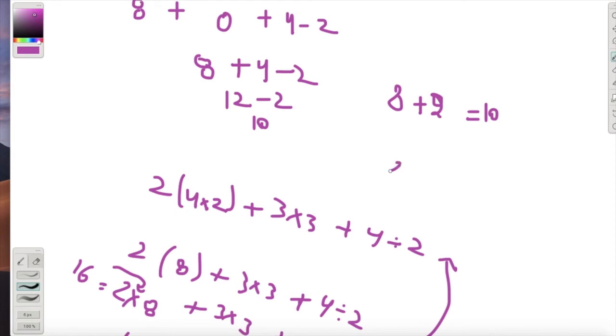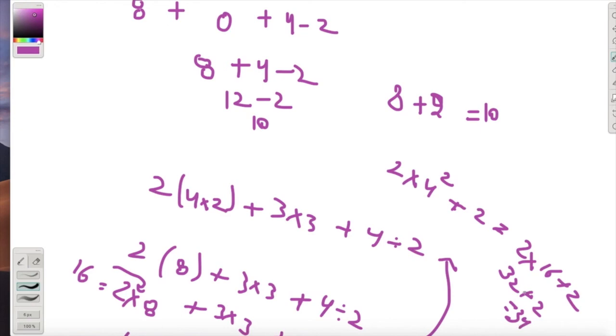So what I mean is, if something is like 2 into 4 squared, then the square goes first, then plus 2. In this kind of example, 2 into 16 is 32, plus 2, which is 34. So we solved the exponent example too.